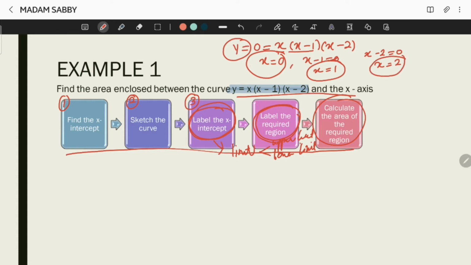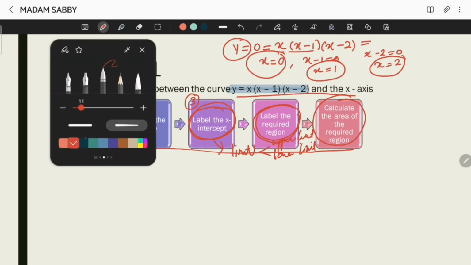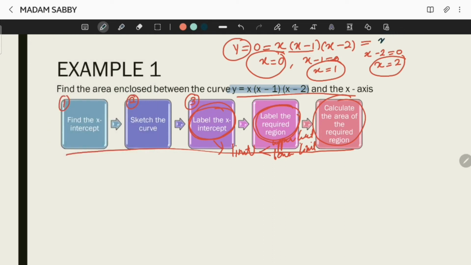There are 3 x-intercepts. If you expand this function, it is a cubic function. Try to expand it yourself, and you'll get x cubed minus 3x squared plus 2x.